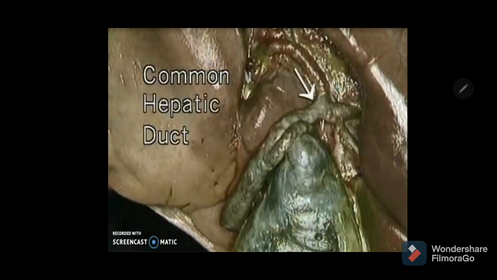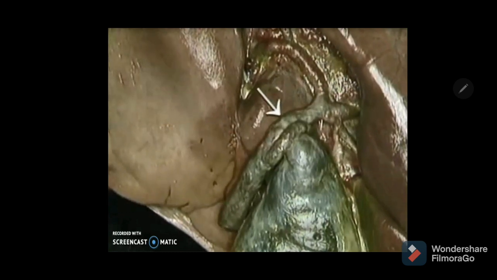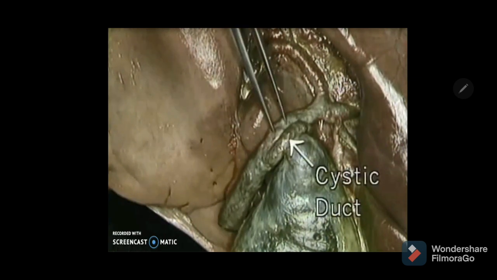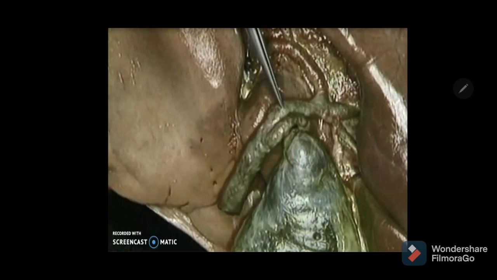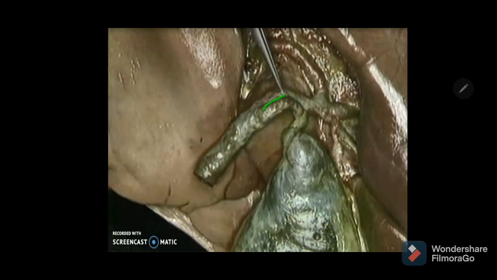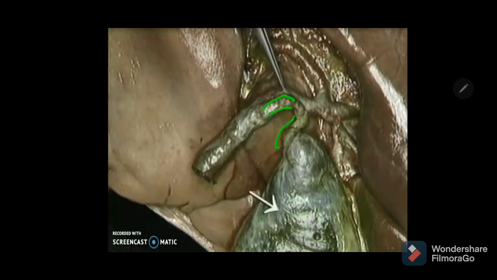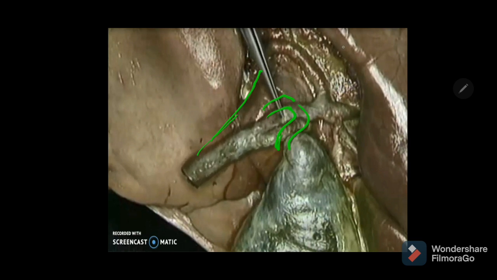You are seeing the porta hepatis from the inferior surface, or you can say the postero-inferior view. That entire thing is the common hepatic duct, and once you separate there, you can notice this is the cystic duct, and this is the S-shaped neck of the gallbladder, and this is the common bile duct here.